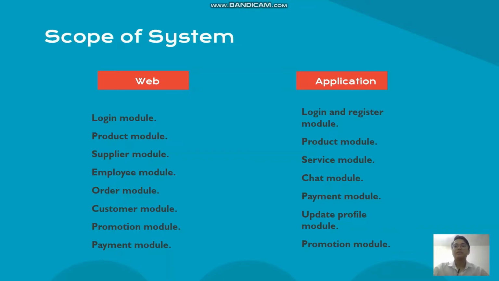And then the customer module is for both admin and manager, where the manager can only view the customer service history, and the admin can add new customers and update the customer details. And for the promotion module, it is for manager only, where the manager can add promotions.